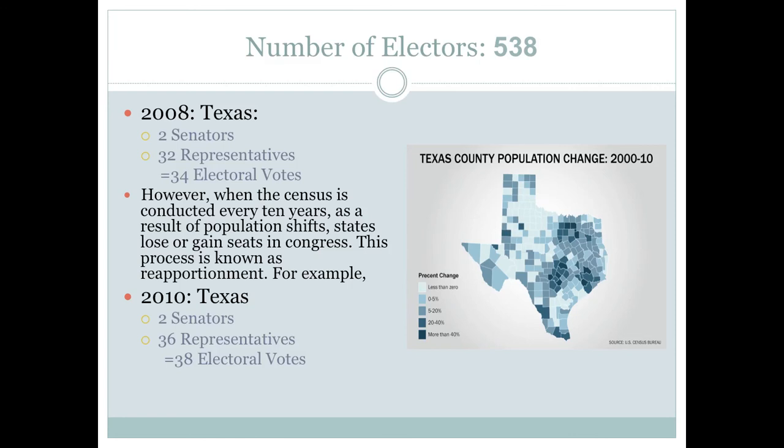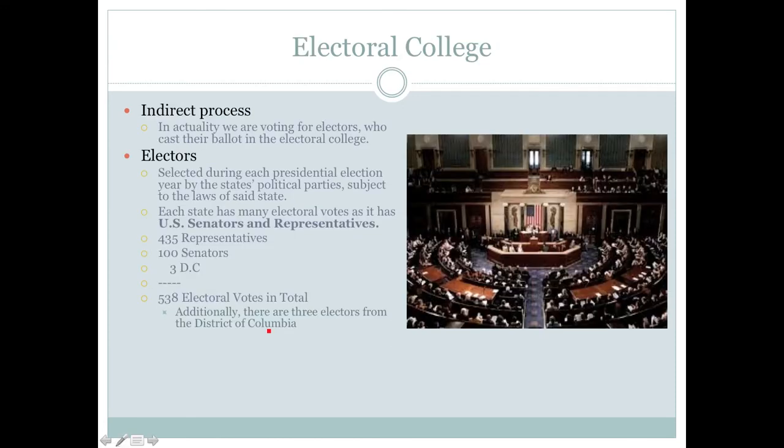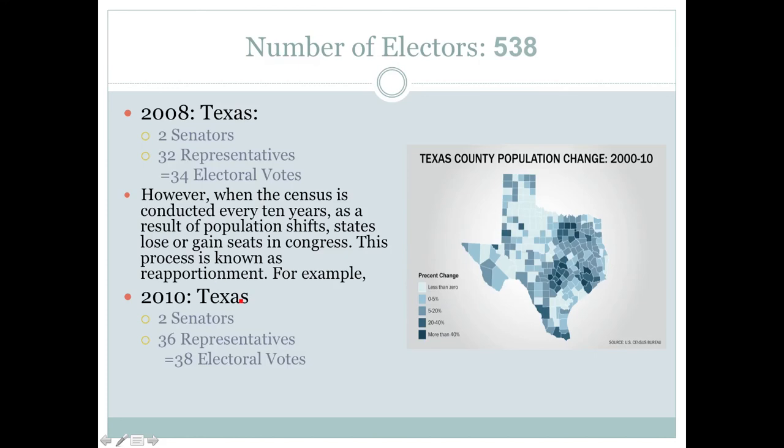Look at this. In 2010, or I should say after the census that was conducted in 2010, when the 435 representatives that I discussed earlier were reapportioned based on the number of states that we have, Texas actually gained how many representatives? Because we had 32 and now we have 36. We gained 4 representatives.